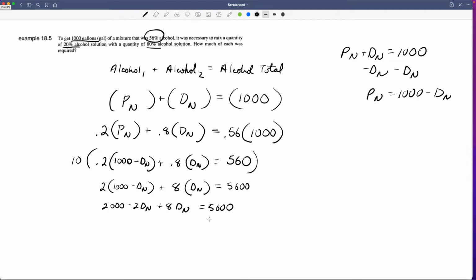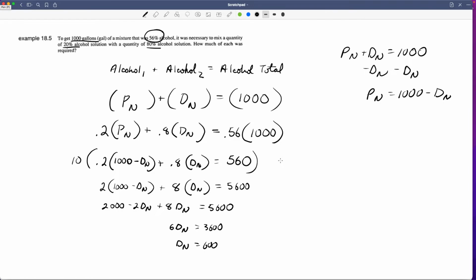If I take that from here and combine those, I get 6 times the amount dumped in is equal to 3,600. So I divide both of those by 6, and the amount that was dumped in was 600. So 600 gallons of the 80% solution is what was mixed in.